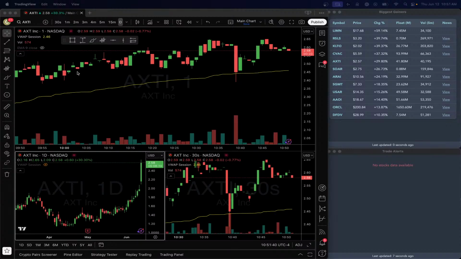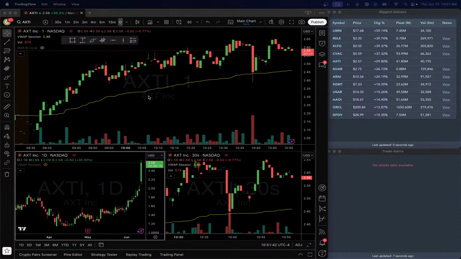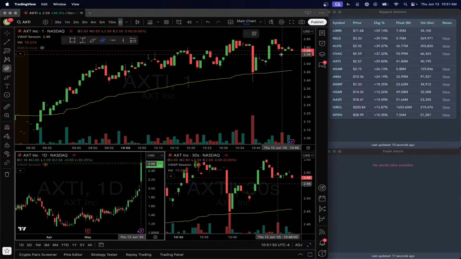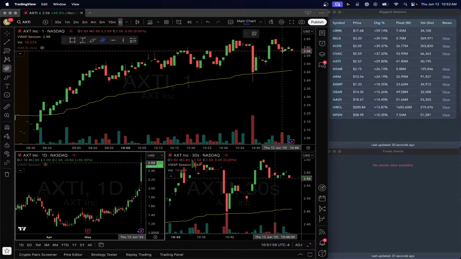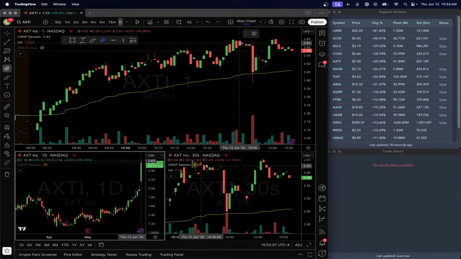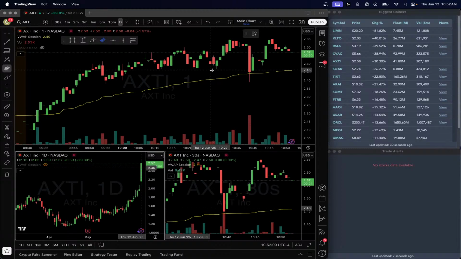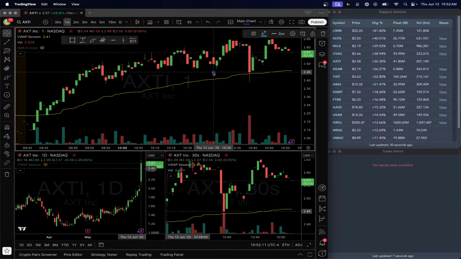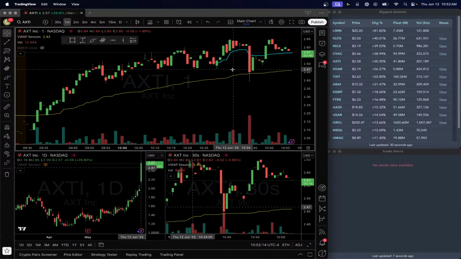Okay, so we had a run up. And the code that I wrote has a 3-bar, and then we had a higher high, higher low. So right here we had a run up and we had a pull back. So that right here is where the alert came in at 10:48. Somewhere around in here is the VWAP.